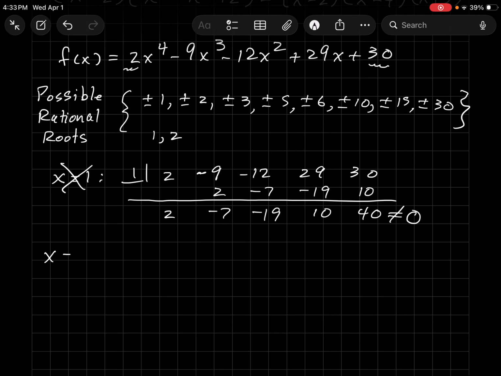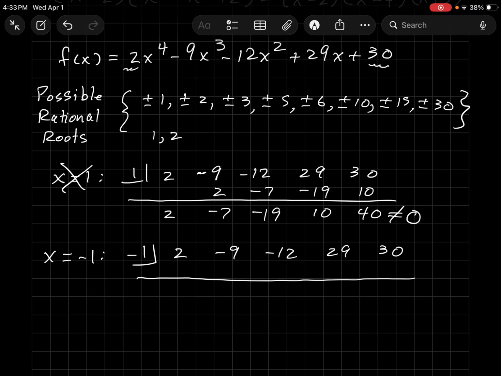Let's try x equals negative 1. Same idea with synthetic. Put my solution in the box, my coefficients, and then bring the 2 down, then multiply, negative 1 times 2. Place it, add.